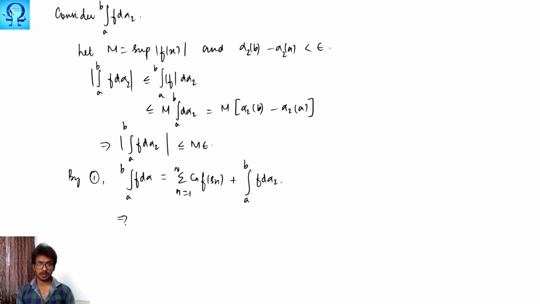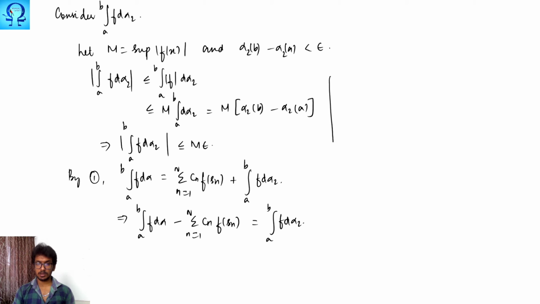So if you take the first term of the right hand side to the left hand side, you would get the integral a to b f d alpha minus the summation n runs from 1 to N of Cn f of Sn is equal to the integral a to b f d alpha 2.